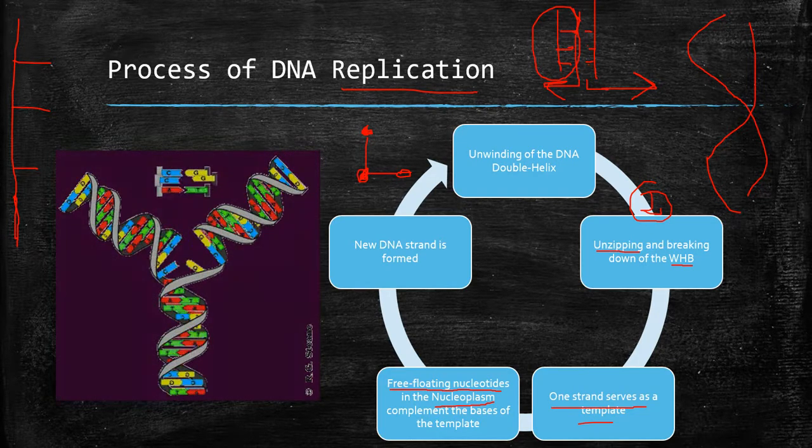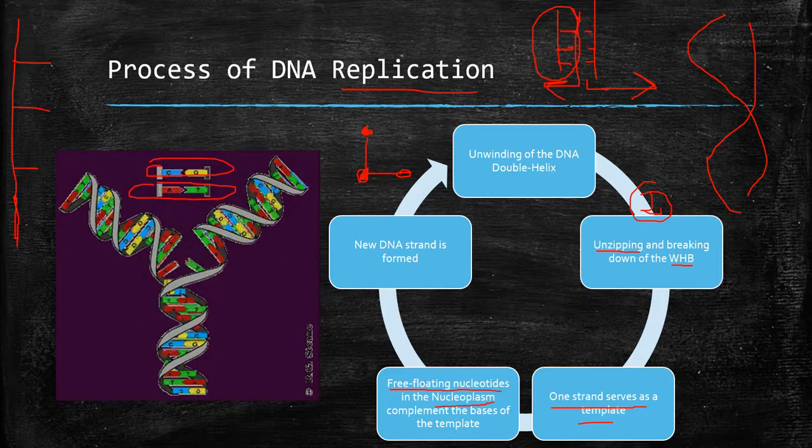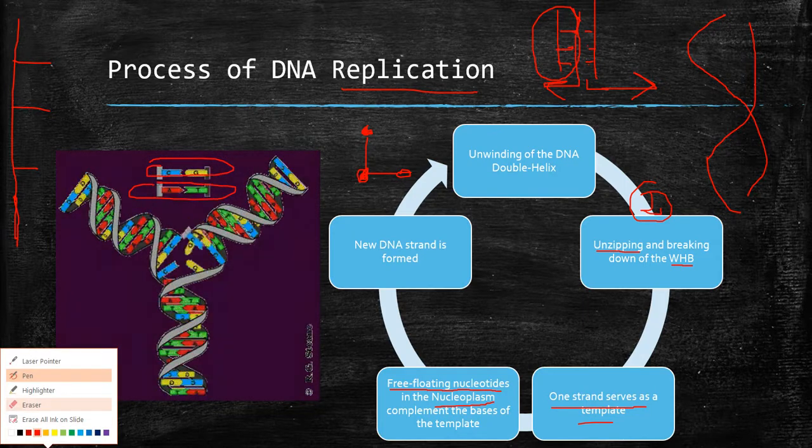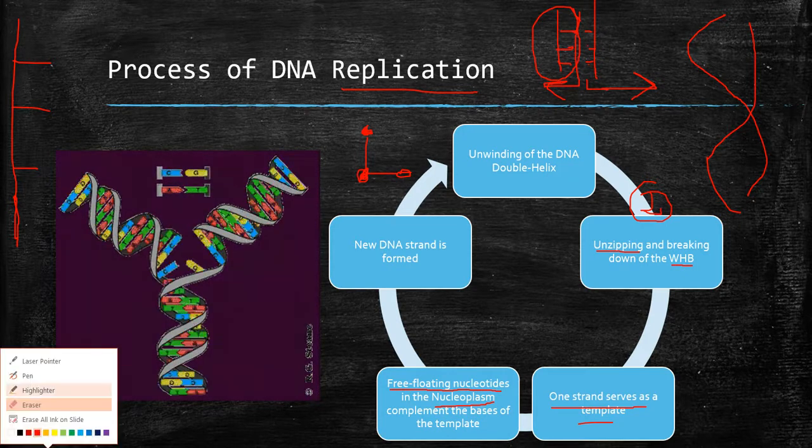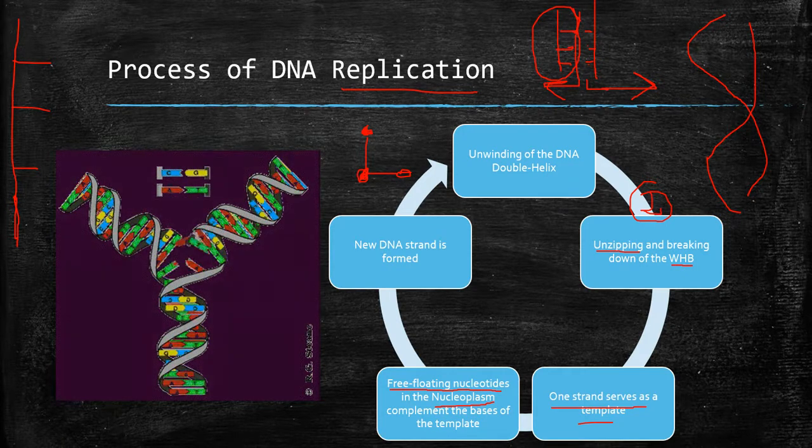They are free floating. Now remember the ways in which they complement: cytosine with guanine, adenine with thymine. So now these free floating nucleotides are going to go ahead and complement the triplet bases on that template strand.